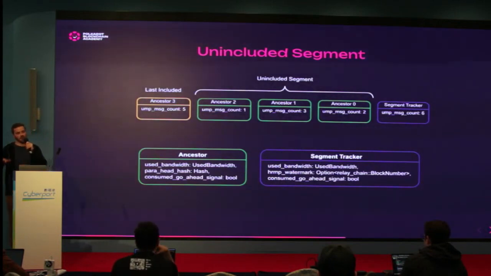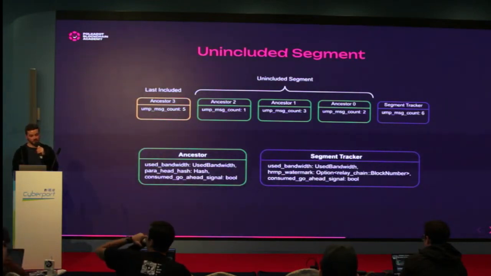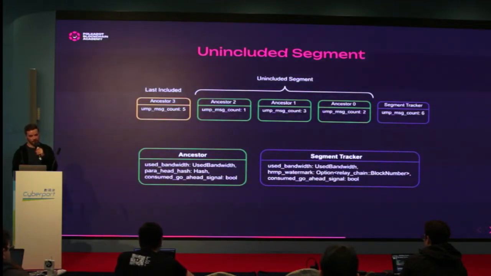That's when a parachain would update its state transition function. So a bunch of these different things are being kept track of, both in the ancestors themselves within an unincluded segment, and then also in this segment tracker, which tracks sort of all of this resource use overall.